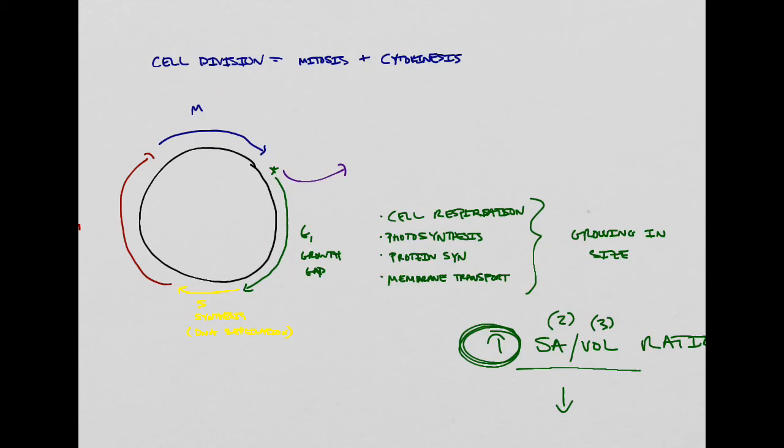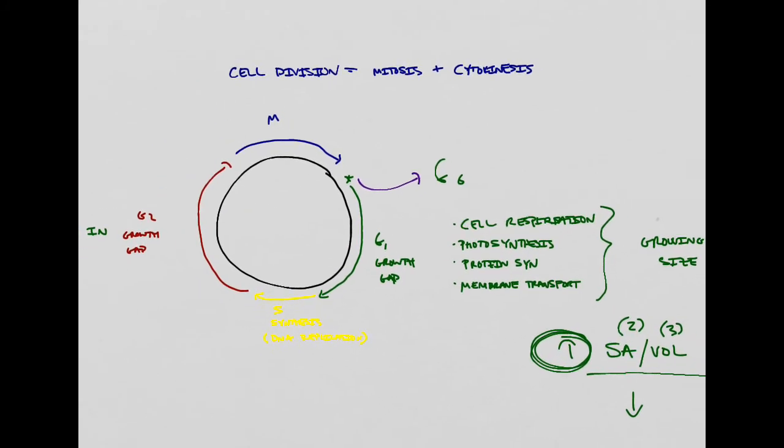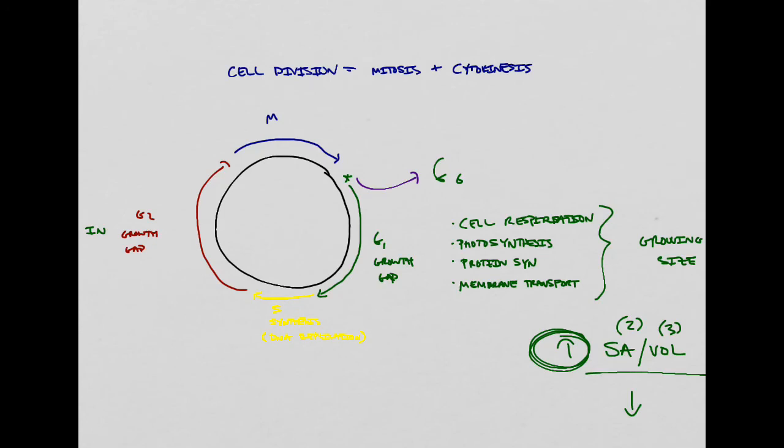Some of them go into this phase that we call G0. And if a cell goes into G0, it exits the cell cycle. And it is never going to go through DNA replication or mitosis. It might grow more, but it's never going to divide again.